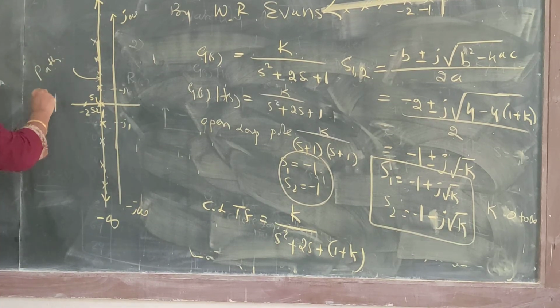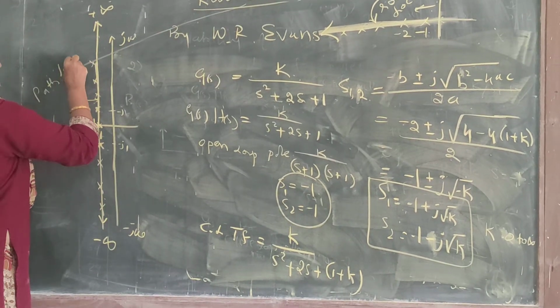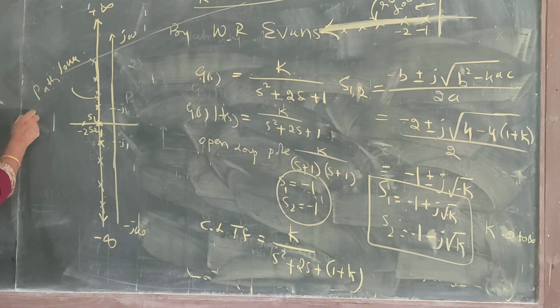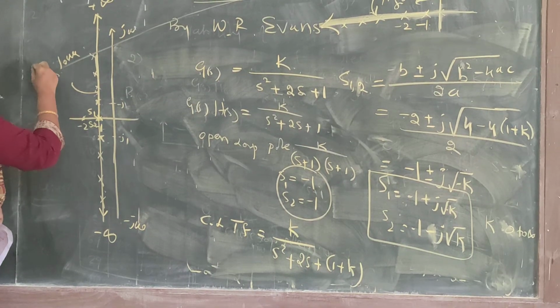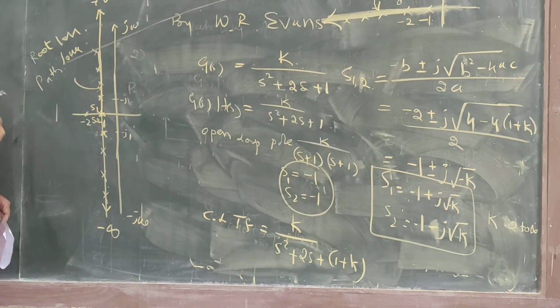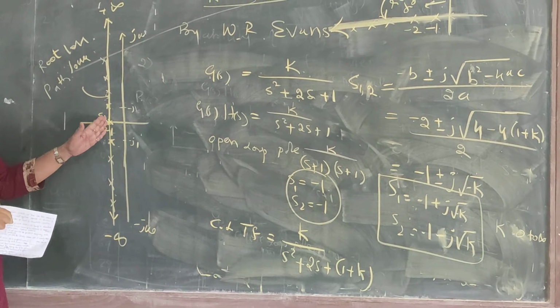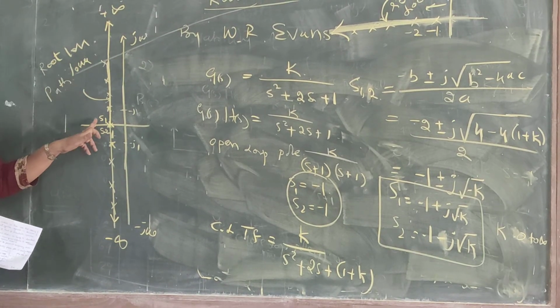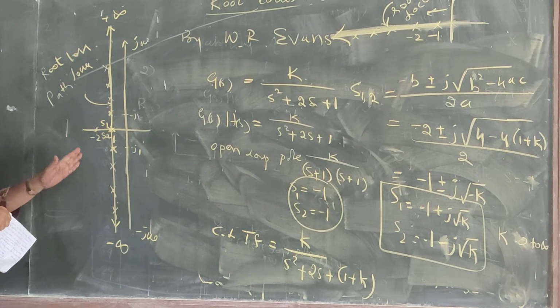Path is nothing but a locus. Thus, it is called the path of a root, and it is a root locus. This locus is of root S1 and this locus is of S2.